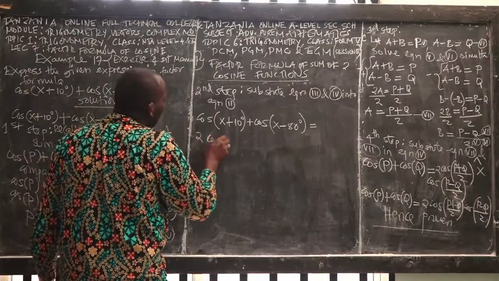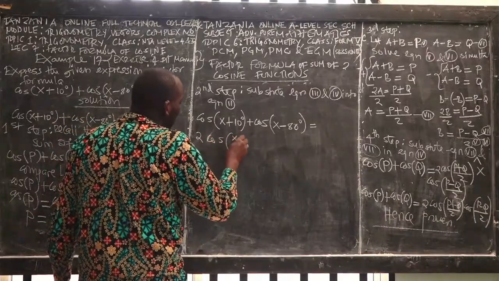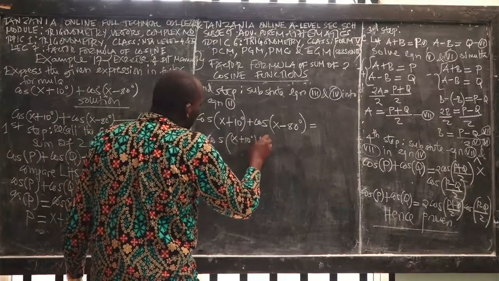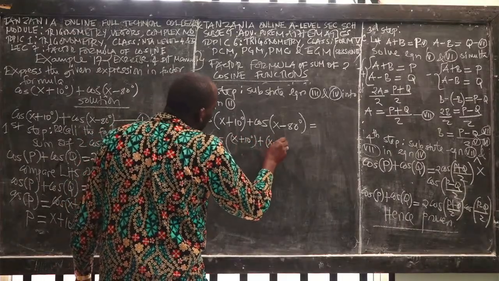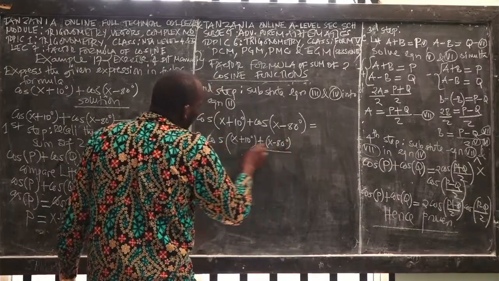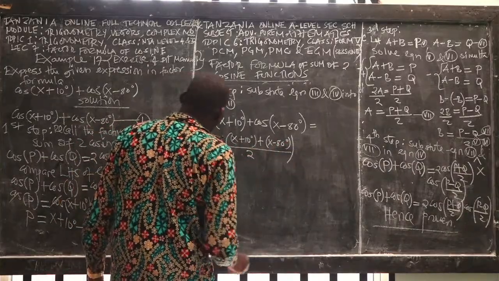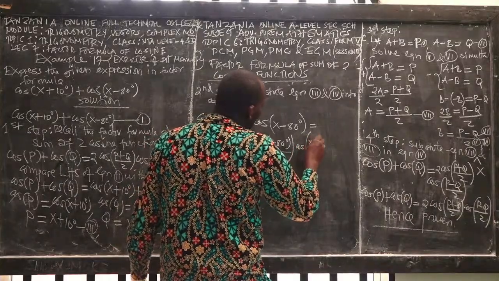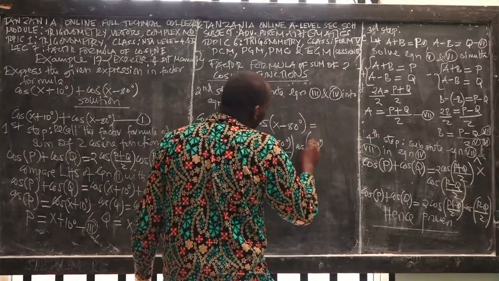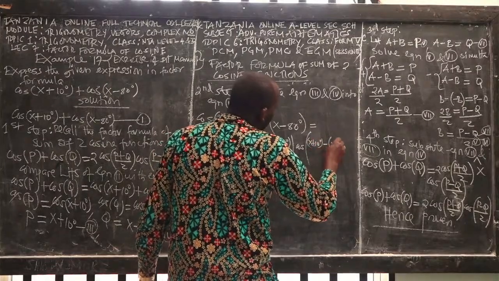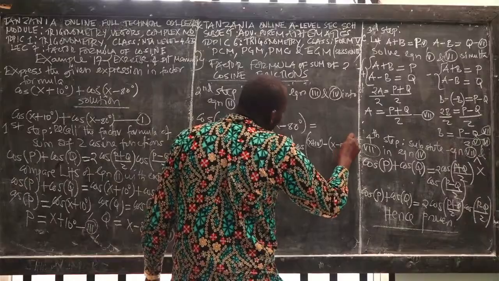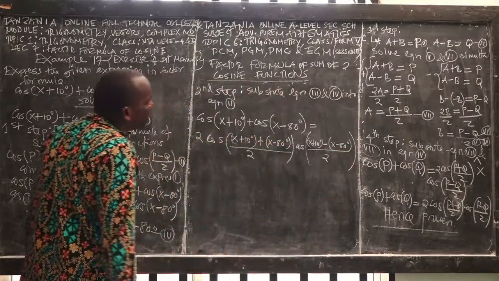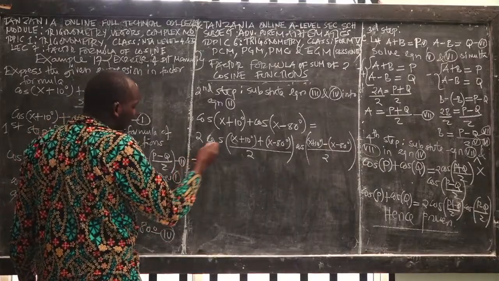Twice cosine of P, which is X plus 10 degree, you may use brackets, plus Q, which is X minus 80 degree, divided by 2. Then we have cosine of X plus 10 degree, the value of P, minus X minus 80 degree, the value of Q. So let us keep simplifying the right hand side.